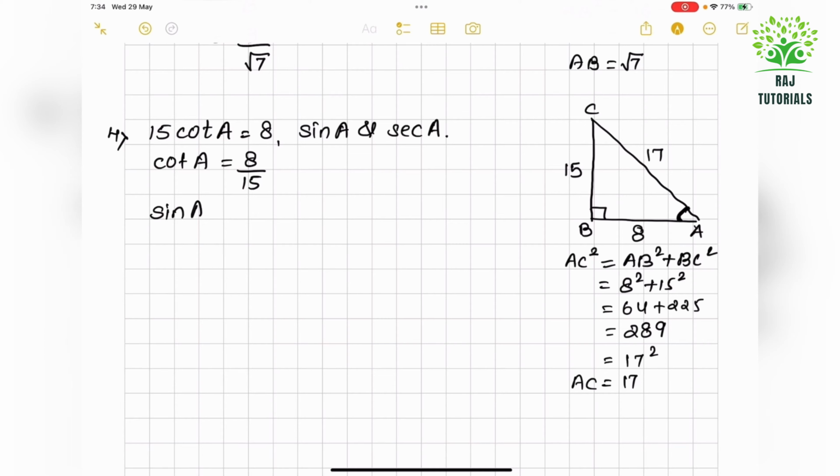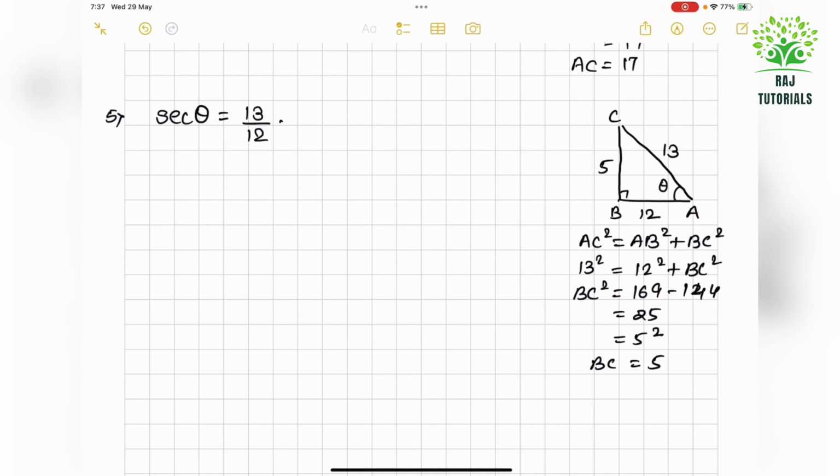So sin A equal to P by H, so perpendicular is 15 and hypotenuse is 17. Now the second one which he has asked is sec A. So sec means opposite of cos, so H by B. So H is 17, B is 8.